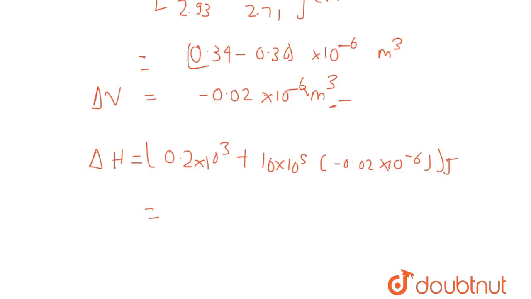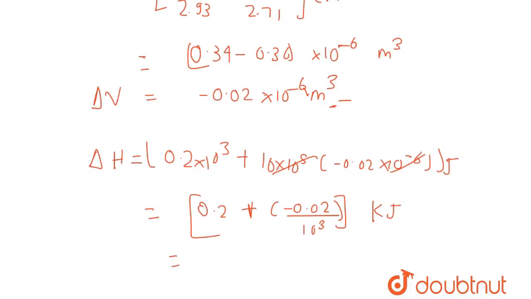So that we can represent delta H in kilojoule, if we take 10 raised to the power 3 as common, then 10 raised to 6 and 10 raised to 6 get cancelled, and what is left here is 0.02 by 10 raised to 3 kilojoule.